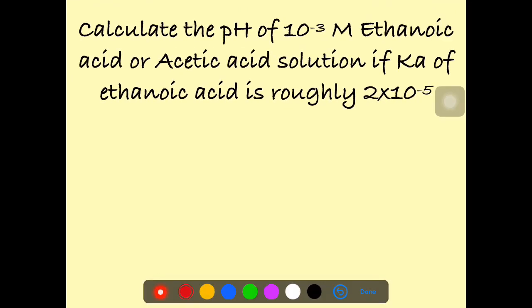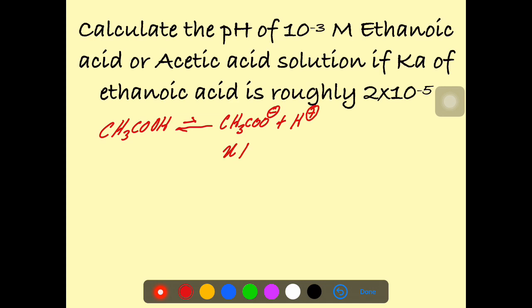So let's complete our unfinished agenda of finding the pH of 10 raised to minus 3 molar ethanoic acid or acetic acid solution. So first of all, I'll write down the dissociation reaction of acetic acid. We know acetic acid dissociates to a very poor extent. So I put a reversible arrow with the forward arrow smaller than the back arrow or the reverse arrow.